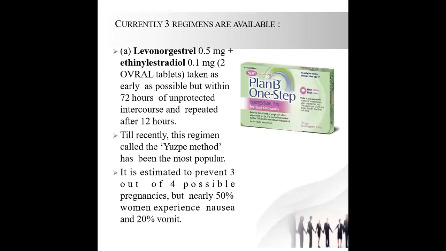Now, there are currently three regimens available as emergency contraception. One is levonorgestrel 0.5 milligrams and ethinyl estradiol 0.1 milligrams, where one can take 2 tablets of Ovral as early as possible within 72 hours of unprotected intercourse and repeat after 12 hours.